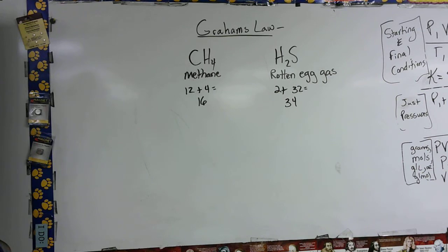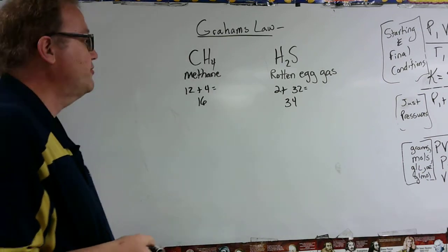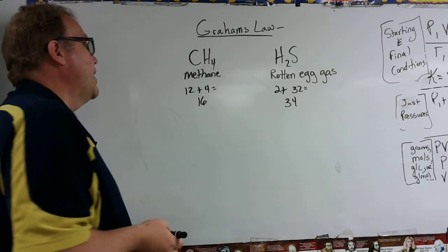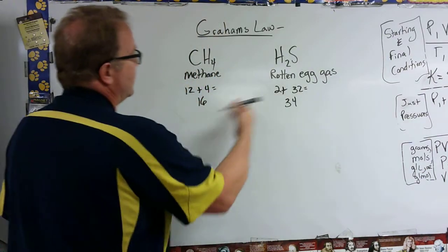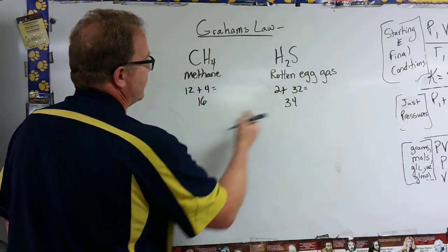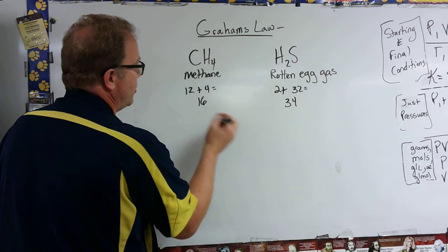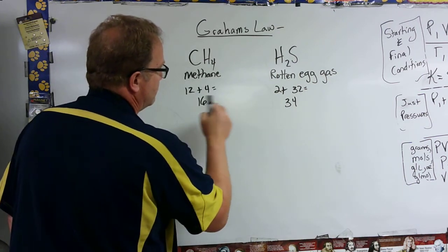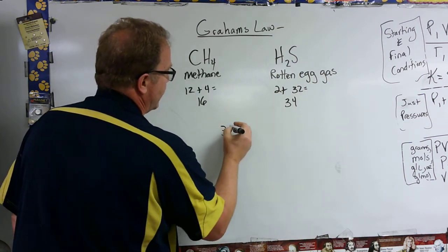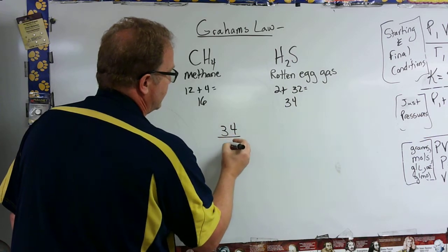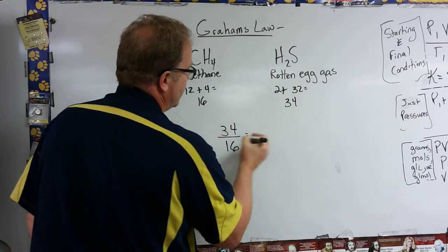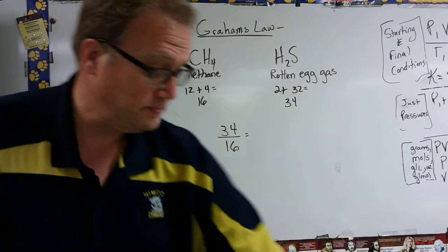Again, masses of the gases, the symbol for mass, grams. And then, again, we go through the process, faster, slower, but we put the heaviest on the top, lightest on the bottom, because we want to figure out our rate.